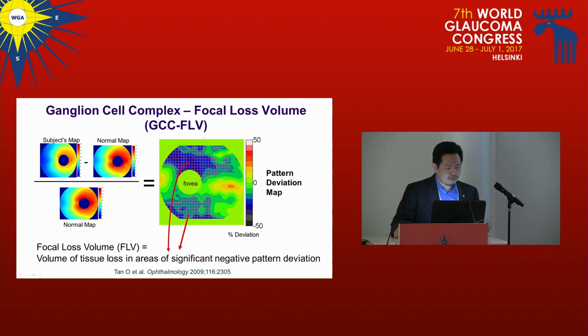And to get this parameter, first we obtain a pattern deviation map, and that's a percent deviation from normal of a map that has been normalized to the normal thickness map. And those areas that are abnormal are areas of focal loss. And in those areas, we then measure the volume of tissue loss, again, relative to the normal average reference.